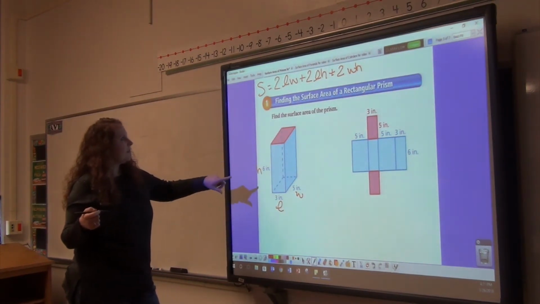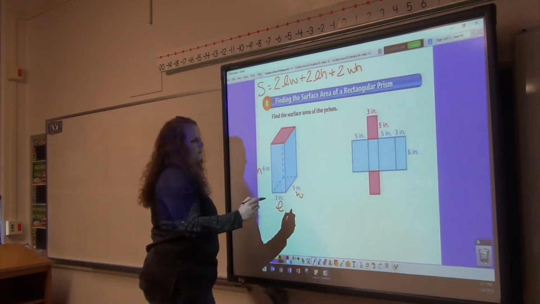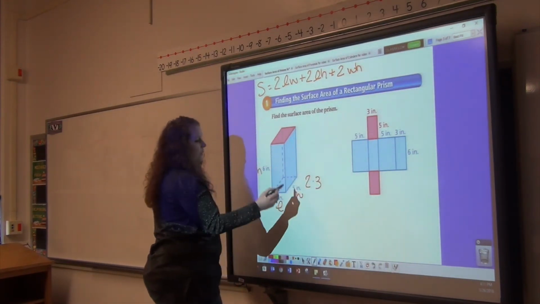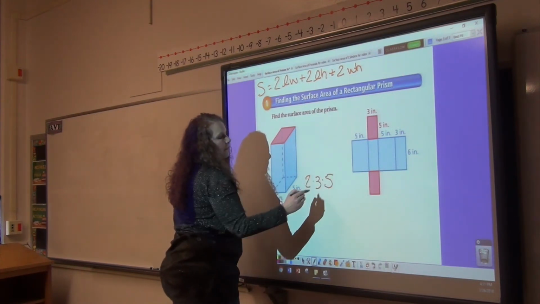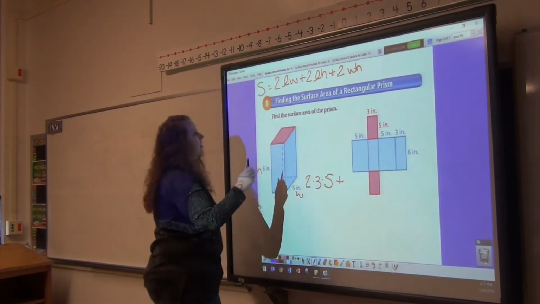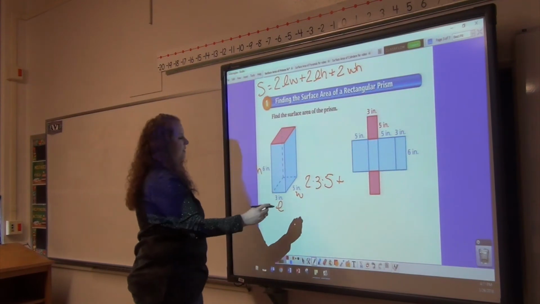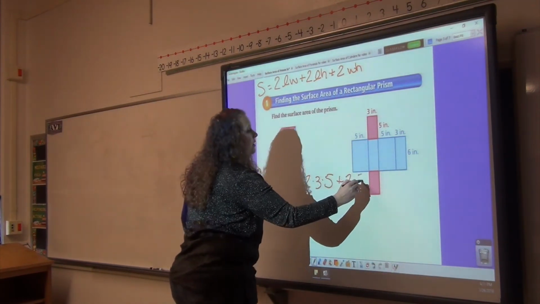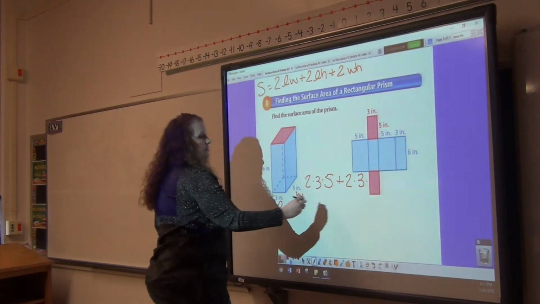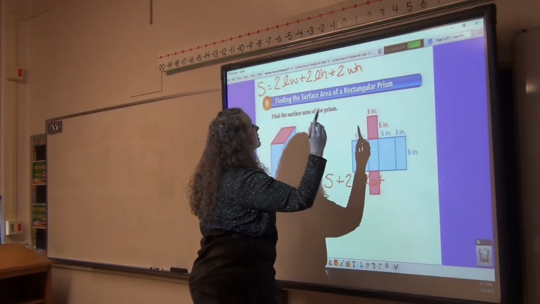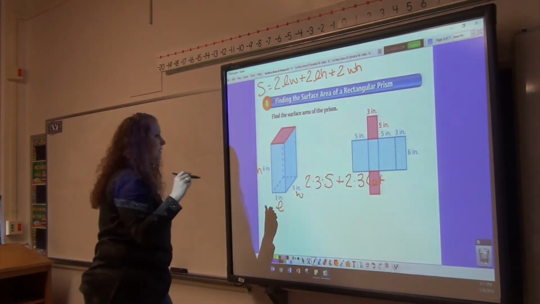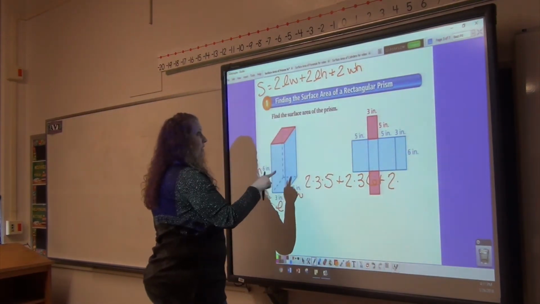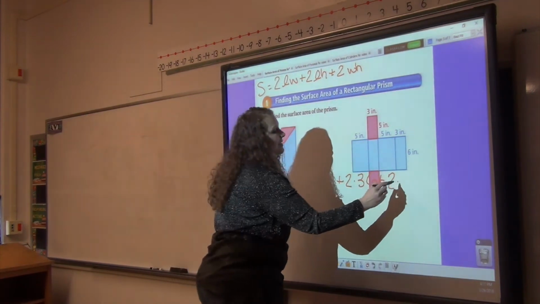All right, so we have length as 3, so this is going to be 2 times 3, and width is 5, times 5, plus 2 times length times height. 2 times length, which is 3, times height, which is 6, plus 2 times width times height. 2 times width, which is 5, times height, which is 6.